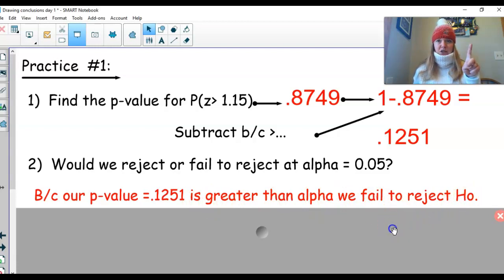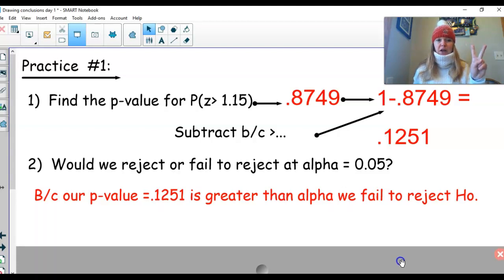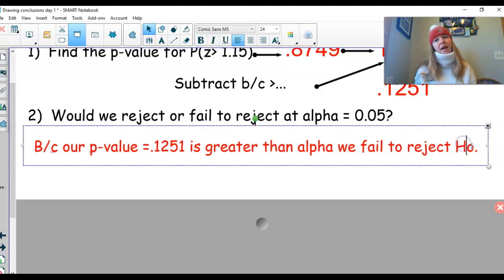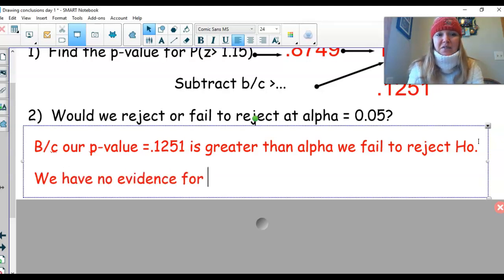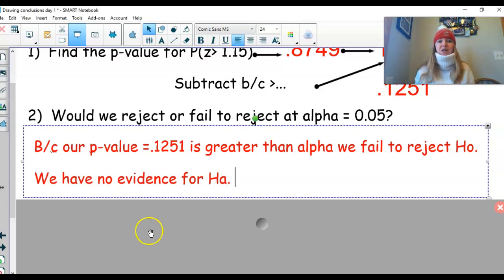First sentence is about HO. Second sentence is about HA. Okay, let's write that down together. This means we have no evidence for HA, okay? We have no evidence for HA.